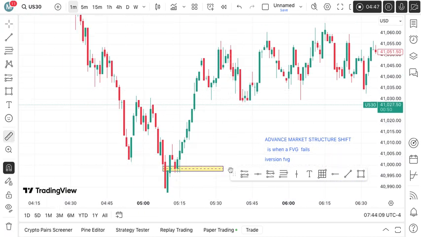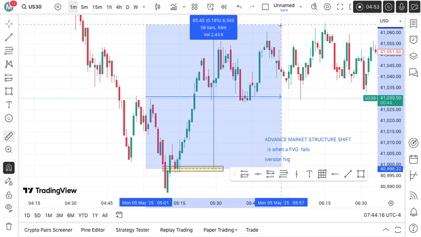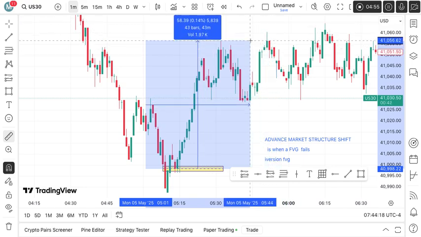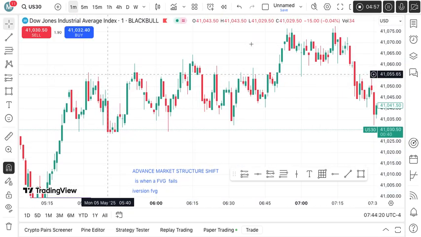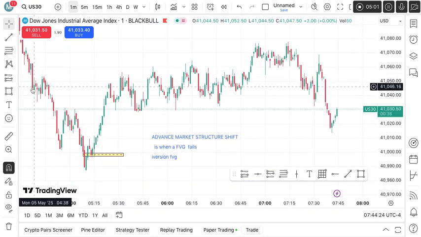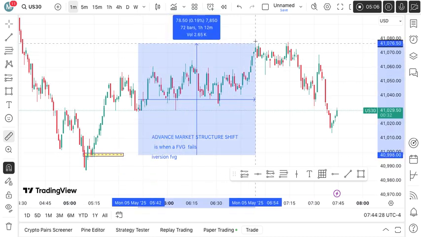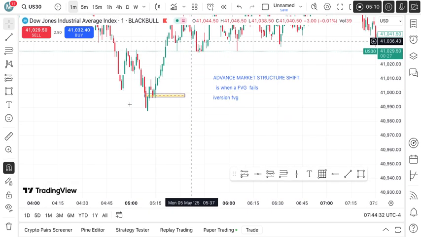So from the inversion, you see 50 pips there, but it still went more. You can see around 78 pips. But now look here. How much were you risking as your stop loss?